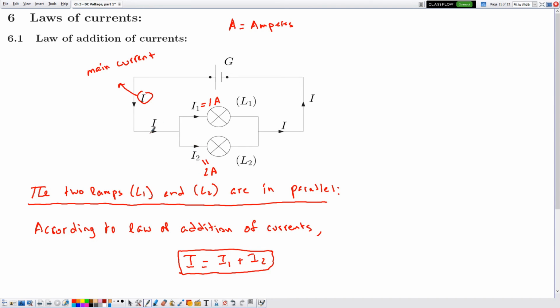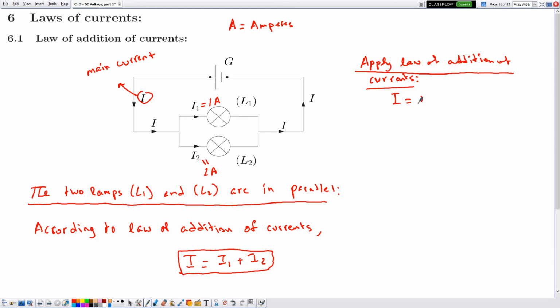Now in this case, what's the value of the main current I traversing the circuit? Here for sure I need to mention that according to the law of addition of currents. So let's write: apply law of addition of currents. I repeat that they usually give half a mark for this statement, because always in physics we need to mention the law.